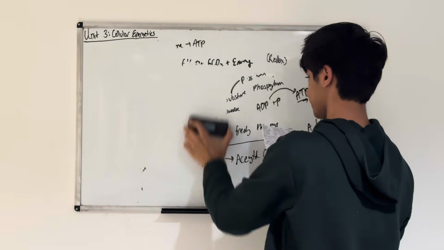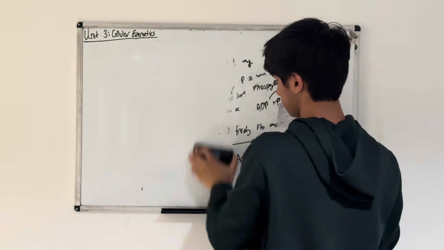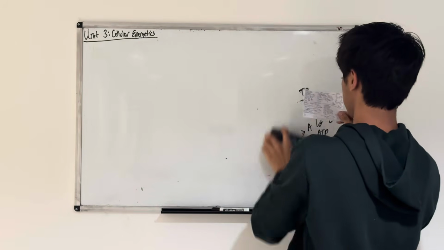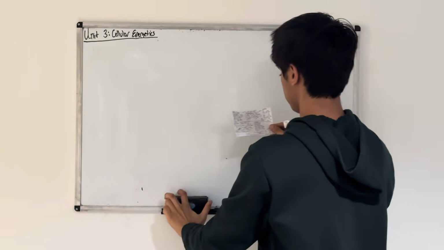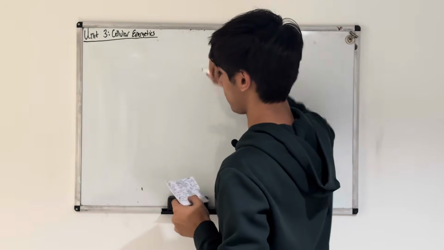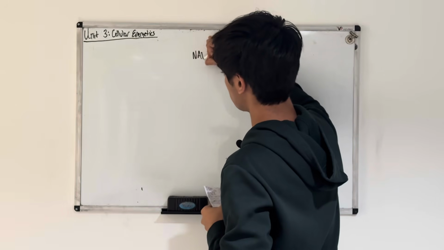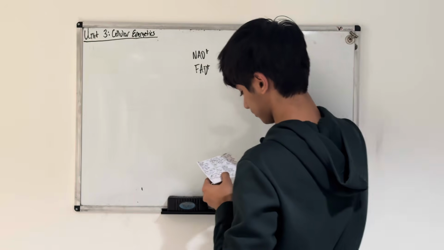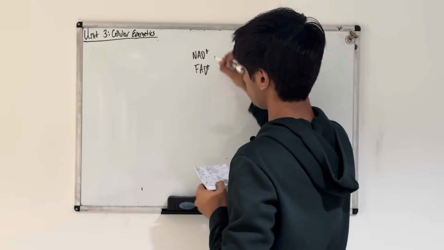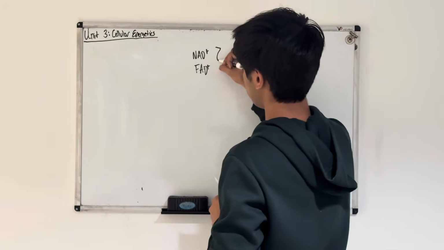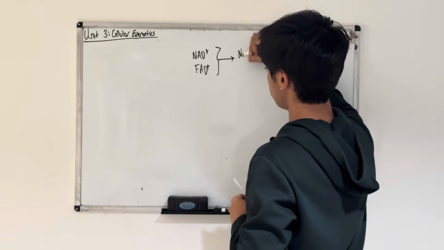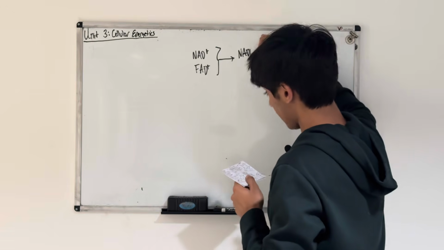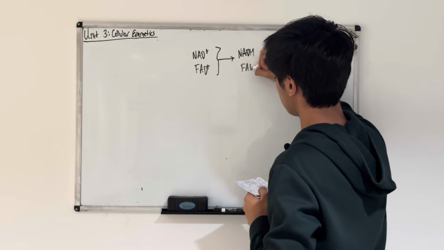So again, the important idea is that we have 4 steps, right? We have glycolysis, which is 2 sugars in, and we again have these carrier molecules that are made throughout. So we have NAD plus here, and we have FAD plus. These carrier molecules are empty, but throughout the process, we make them into NADH and FADH2.